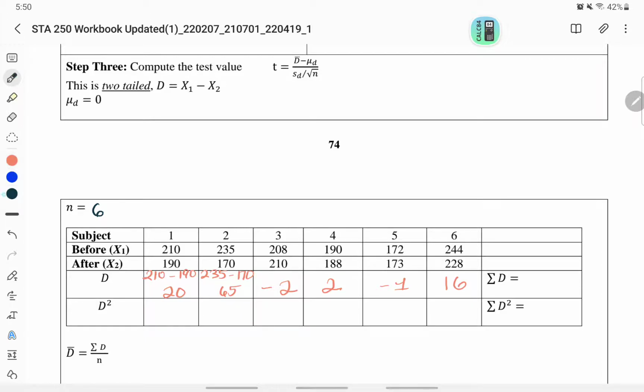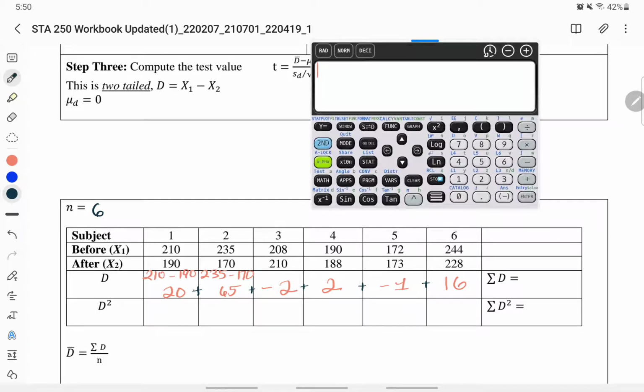To find the sum of our difference, we're going to add up all of the D's and keep the signs, respect our signs. So 20 plus 65 plus negative 2 plus positive 2 plus negative 1 plus 16, that equals 100.